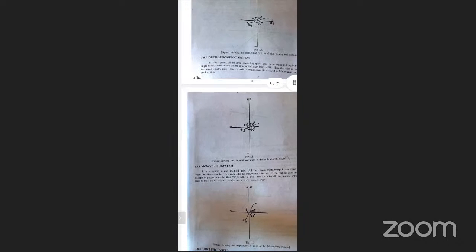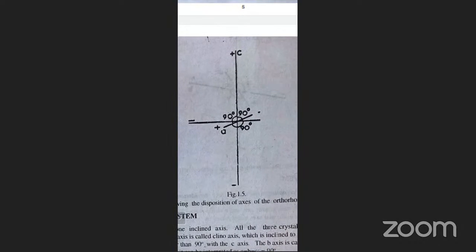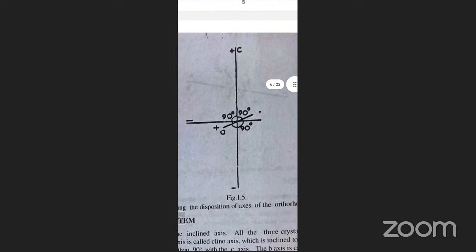You see here the small axis. And the B axis, sometimes it is long, and it is called the macro axis. You see the vertical line here, it is a very long axis.